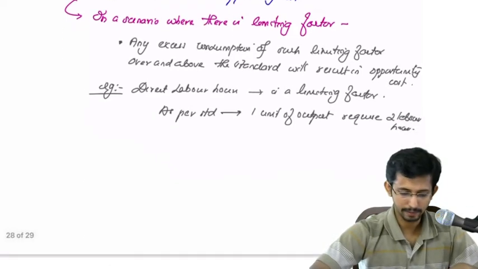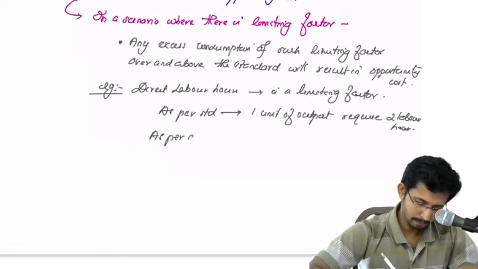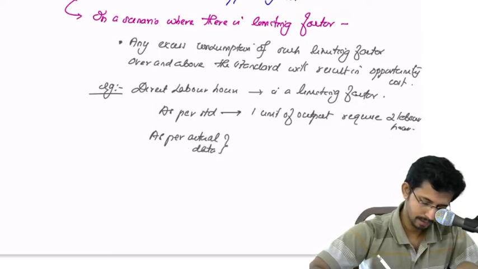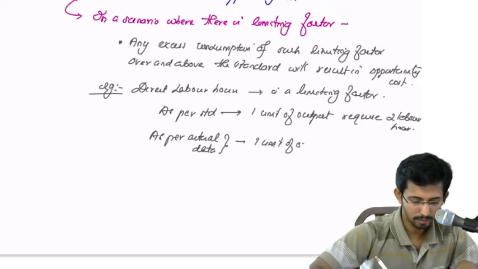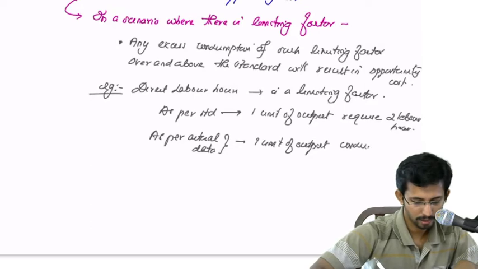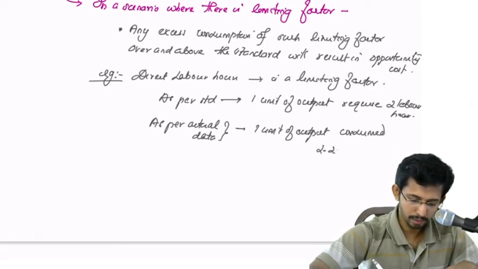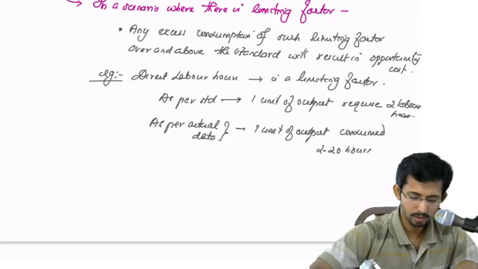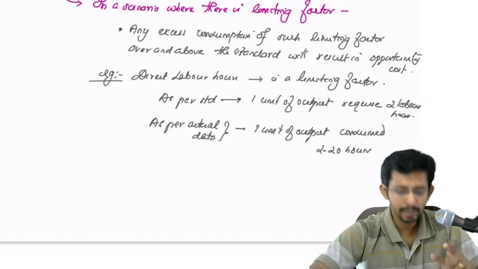That is the standard. Okay, now as per actual data, 1 unit of output consumed 2.20 labor hours. So what is happening here?